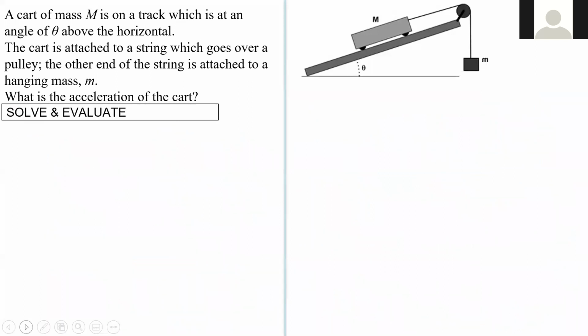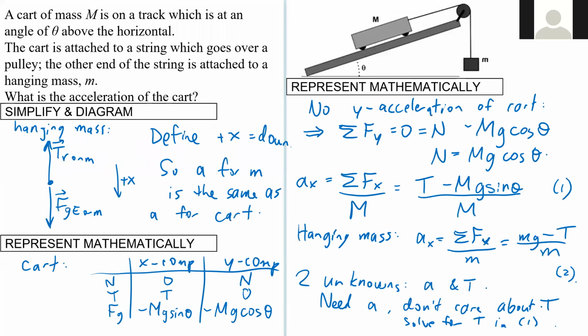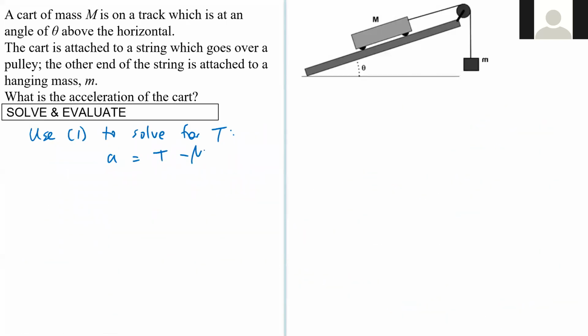So sorry, we're just going to go to the next step here. So use 1 to solve for the tension. I get, remember it was a is equal to T minus capital M times g times sine theta, divided by capital M. I'm going to solve that out.